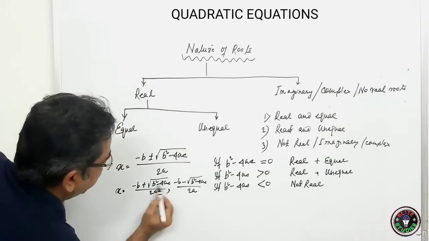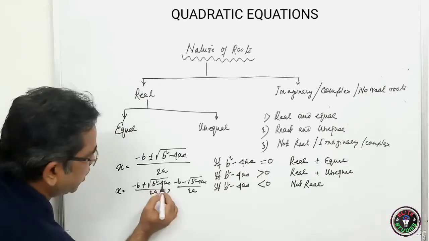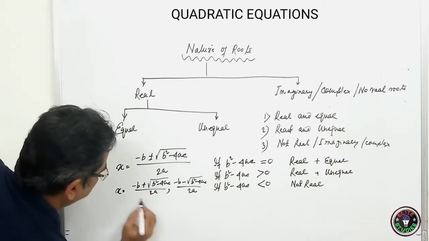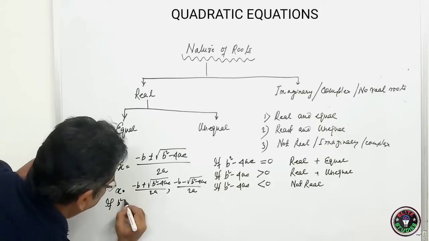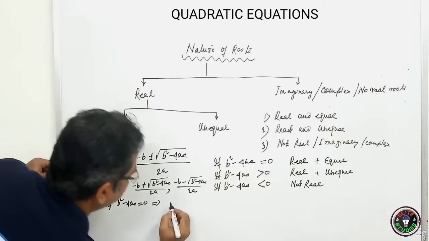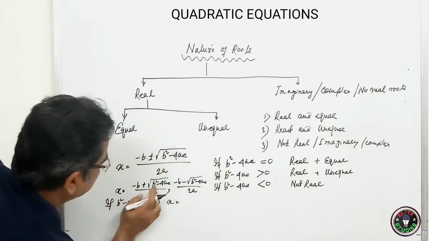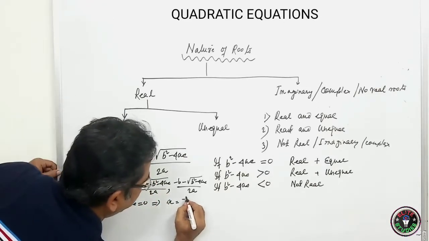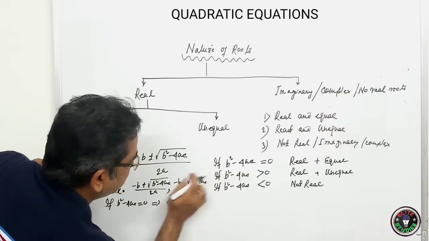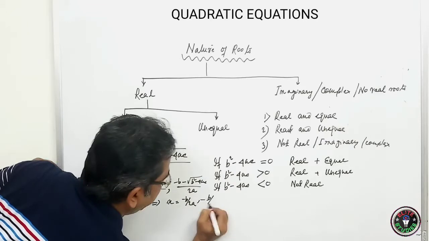Now, if b square minus 4ac is 0, then this whole becomes 0 and you are left with minus b by 2a. So x is equal to minus b by 2a, and the other also becomes minus b by 2a.